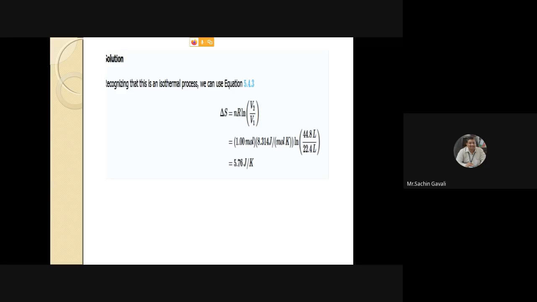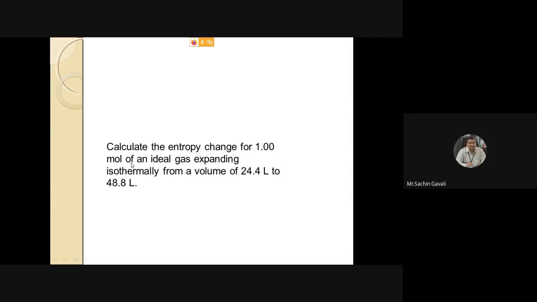So what is the equation? The gas is expanding isothermally.